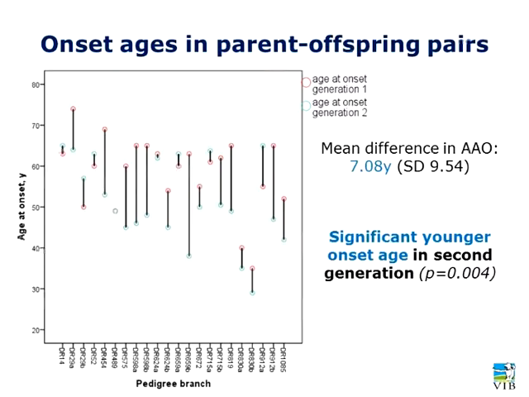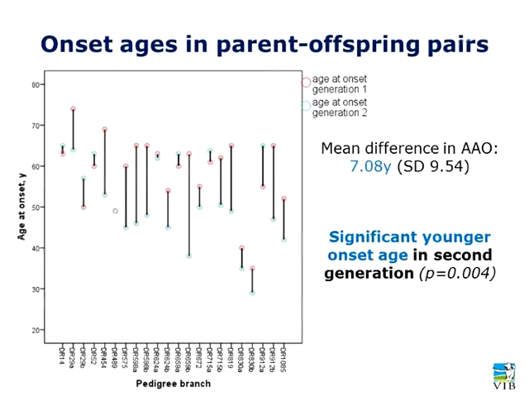And then you can see here in the graph, so the red dot is the age of onset in the first generation, so the oldest generation, and then the blue dot is the age at onset of the second generation or the youngest generation. And so what you expect is that the red dots are above or on top, and the blue dots are below.